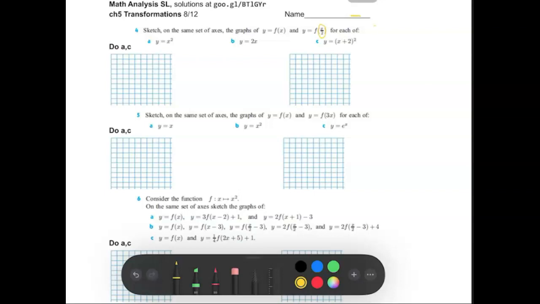So I'm going to stretch by a factor of 2 in the horizontal direction. Okay, so let's do that. So first we're going to do y equals x squared in blue, and then we're going to do x over 2 in yellow, okay? And it's actually going to be a horizontal stretch.